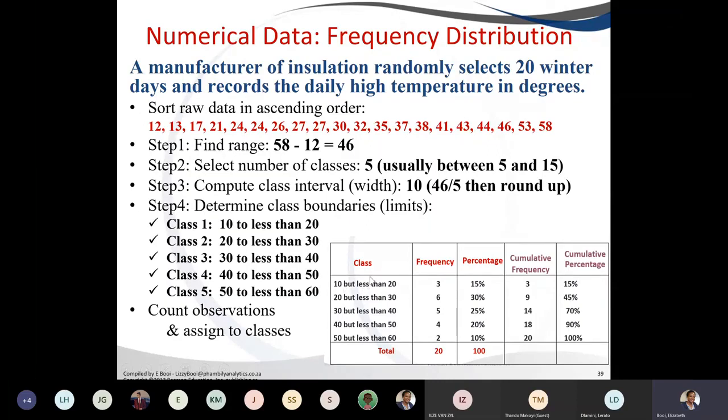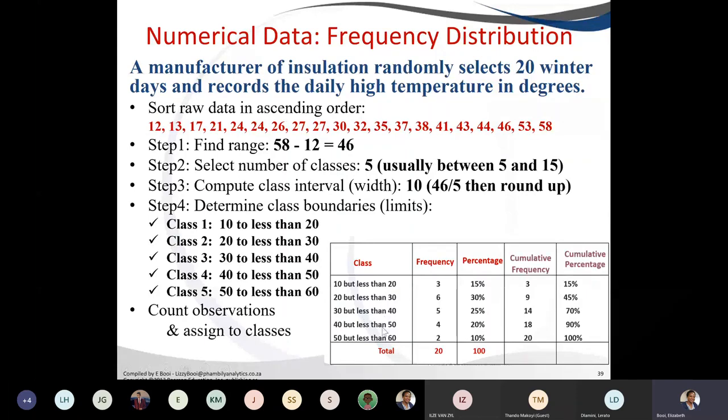At the beginning, we know that those that are less than 20 will be the same as the frequency, so they are 3. But those that are less than 30 will include those that are more than 10 but less than 20, so it will be 3 plus 6, that will give you 9. And those that are less than 40, it will be 3 plus 6 plus 5 will give you 14.